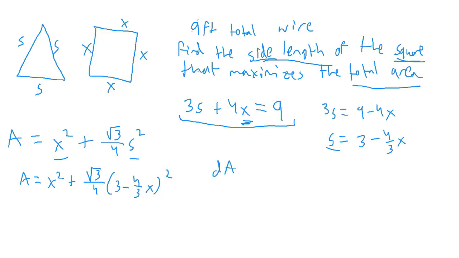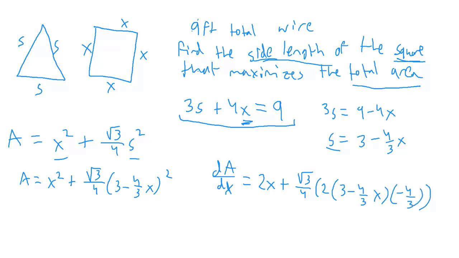So dA/dx equals 2x plus root 3 over 4 times 2 times (3 minus 4 over 3 x) times negative 4 over 3. I'm just doing our chain rule. Technically speaking, I could have expanded this out also and done the derivative that way. Either method's fine. And remember that this has to equal 0 because this is our optimization problem.